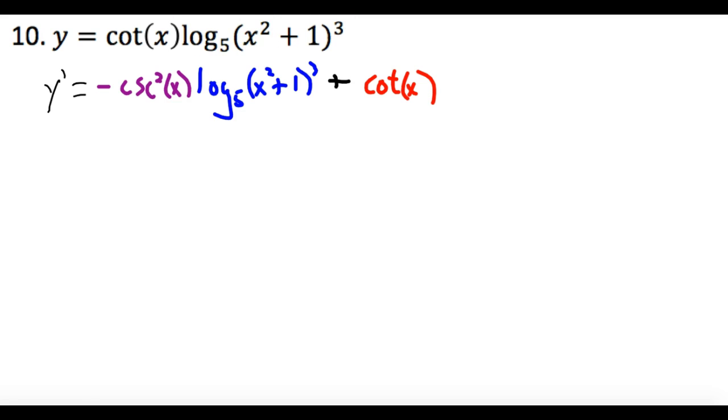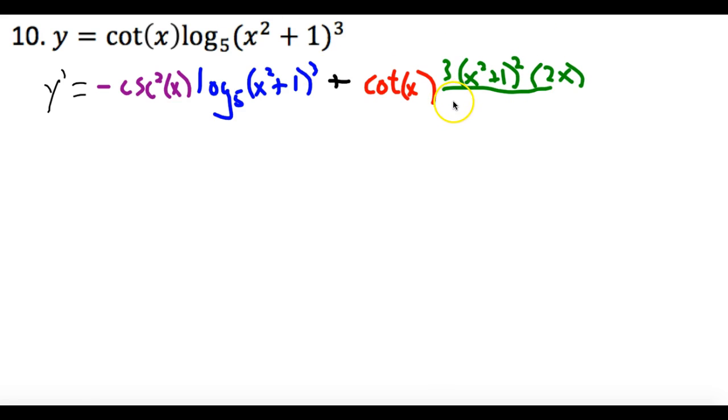Right? So here, log base 5 of x squared plus 1 cubed, we'll take the derivative of the inside, so that's going to be 3 times x squared plus 1 squared, then times the derivative of the inside, right? So times 2x. Right? So that we had to use chain rule on that part.